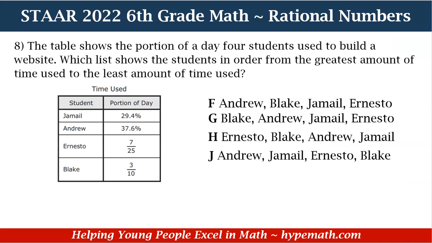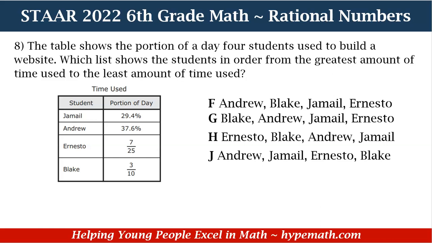Let's dive into our next problem. Number 8 says, the table shows the portion of a day 4 students use to build a website. Which list shows the students in order from the greatest amount of time used to the least amount of time used? All right, and we're looking at our table. It has a column with the student and a column with the portion of the day.